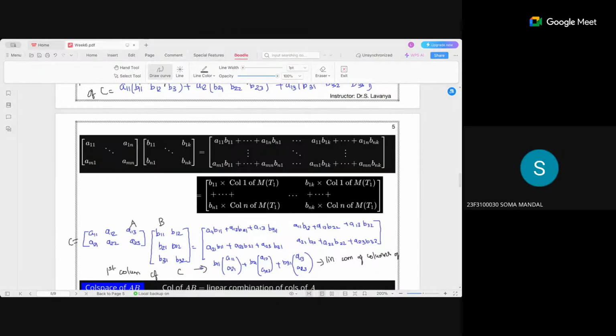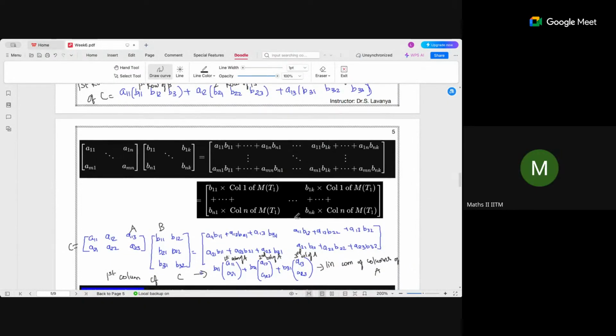A, right? So this is the first column of A, the second column of A, and the third column of A. So the columns of C are the linear combination of the columns of A.